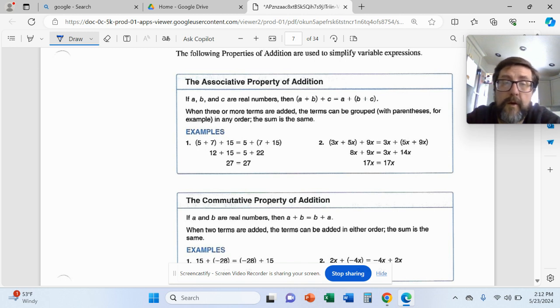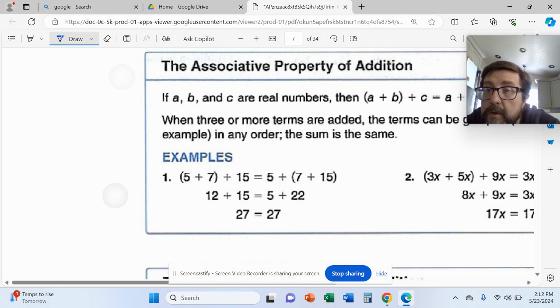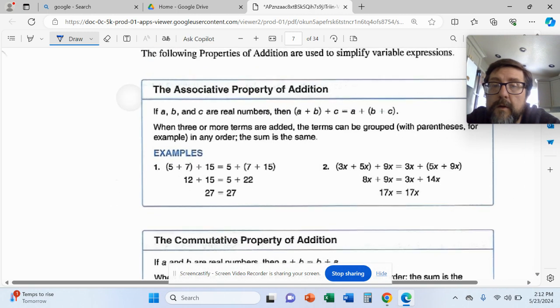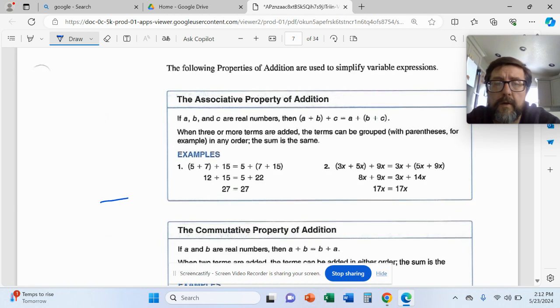So no matter how you add them up, a plus b plus c, they're all going to be the same. At least as far as that almost looks like a minus. I'm not sure if it's a minus or an equals. Still not sure. It must not have scanned as well as I'd hoped.